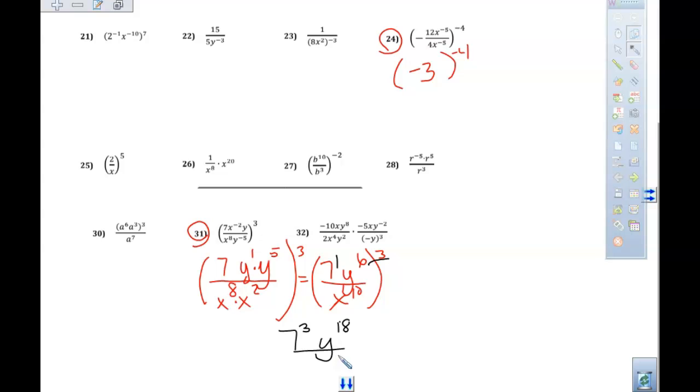Then in my denominator, Kate, I'm going to take the 3 times 10 and get x to the 30. I know if you look in the back, they have 7 raised to the 3rd, and they have that answer besides the y to the 18 and x to the 30.